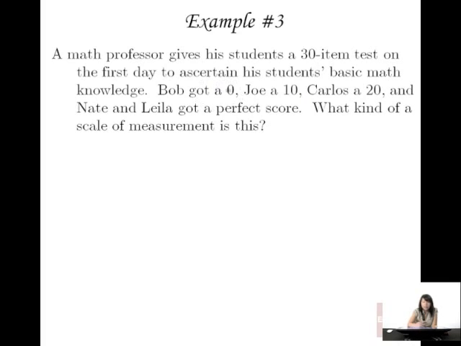Well, 0 actually does sort of mean something if you think about it as how many items they got correctly, and getting 1 item correct versus 2 items correct, does that really ascertain their basic math knowledge? Well, let's separate it out into first, basic math knowledge.